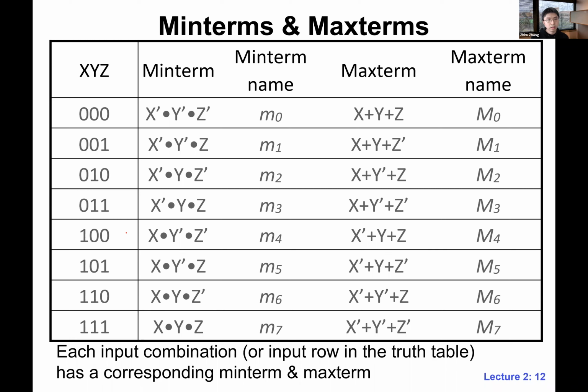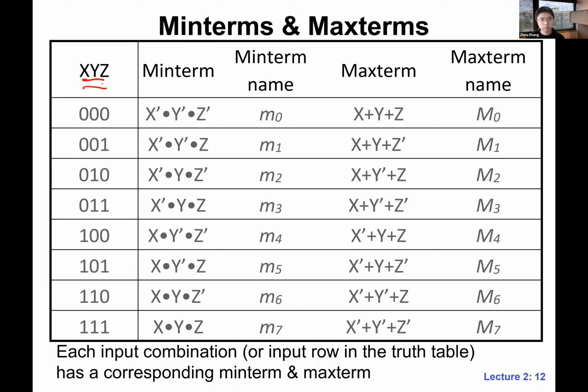We have 8 input combinations, X, Y, Z. These are the input combinations in this column. For each input combination, or each row in the truth table, we have a corresponding min term and max term.